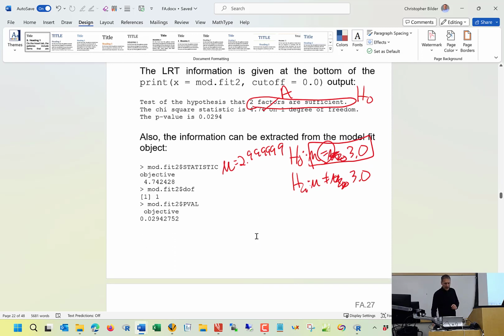Okay. Now, if you want to, you can go inside mod.fit2. Remember, that's a list type of object in R. And I can extract out the statistic. Here is my A. I can also extract out the degrees of freedom, which ends up being 1. And I can also extract out the p-value as well.